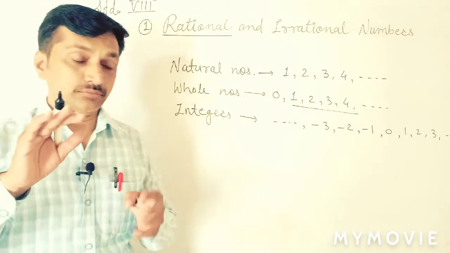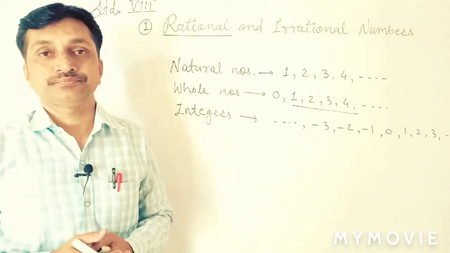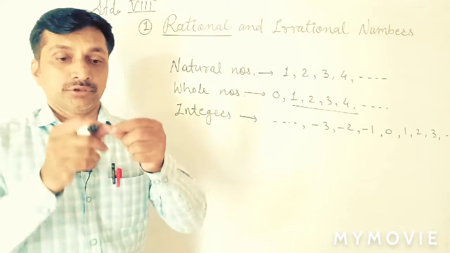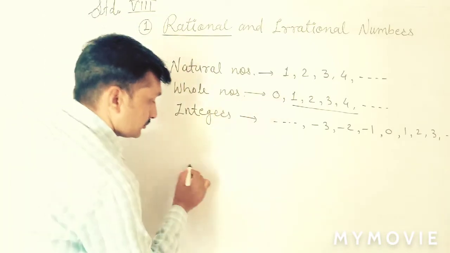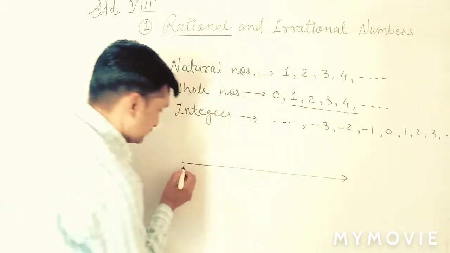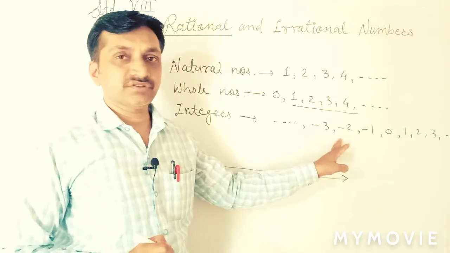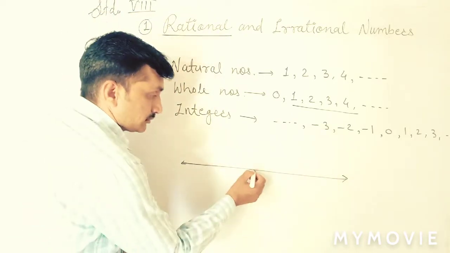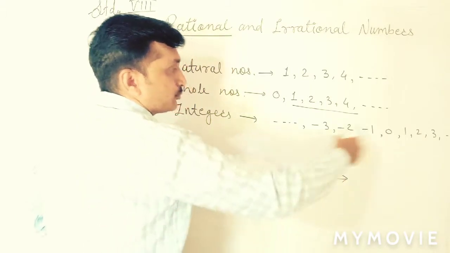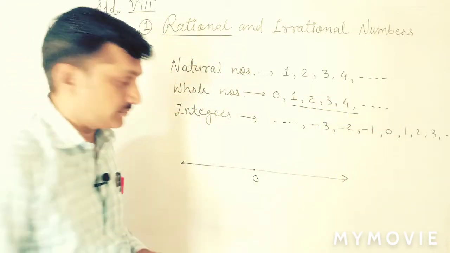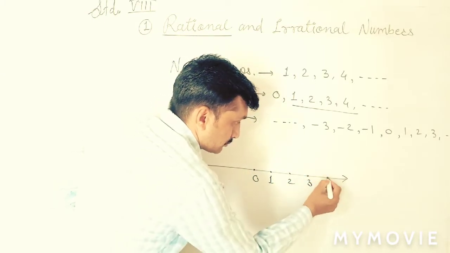How to show these numbers on a number line, we know. It is very easy. Suppose this is a number line; we can represent all integers on the number line. Generally we take 0 at the center and write all positive numbers on the right side: 1, 2, 3, 4.